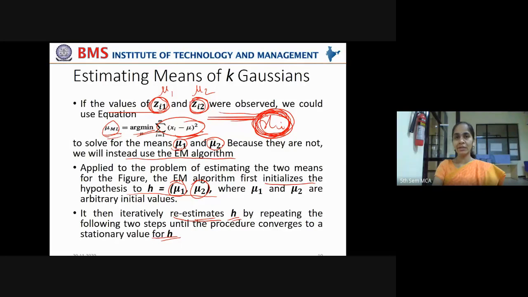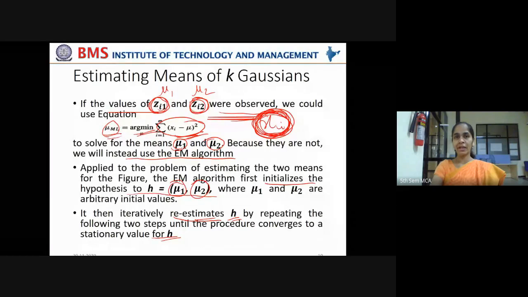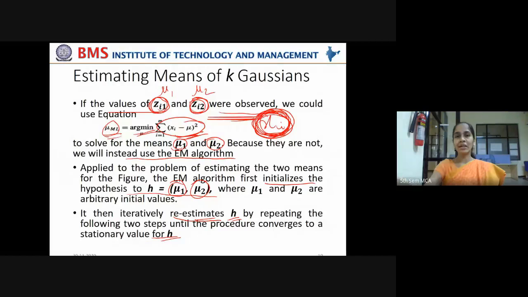Again and again, it will guess the values of zi1 and zi2, and try to maximize the hypothesis. If the hypothesis is not maximized, it goes to the next iteration. But if the hypothesis reaches its saturation point, where it can no longer improve, that is the point of convergence.